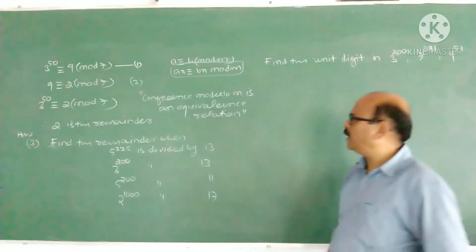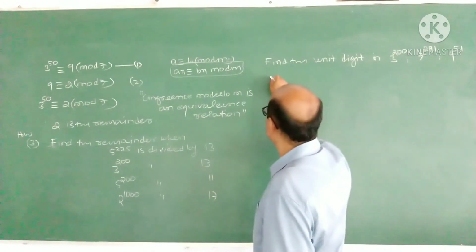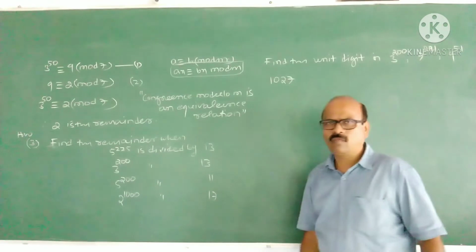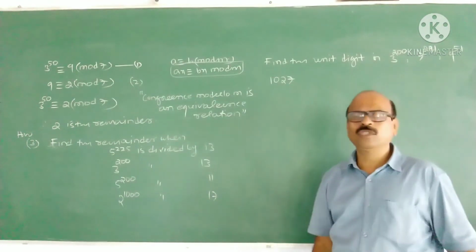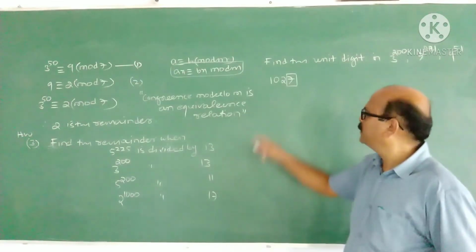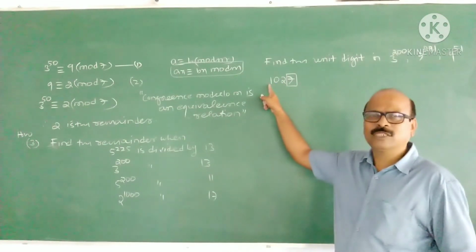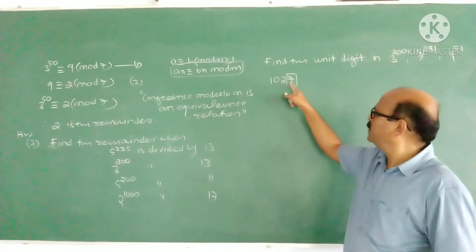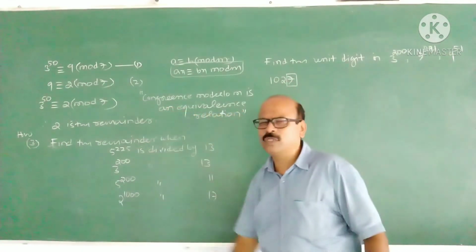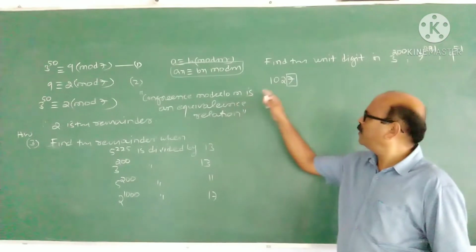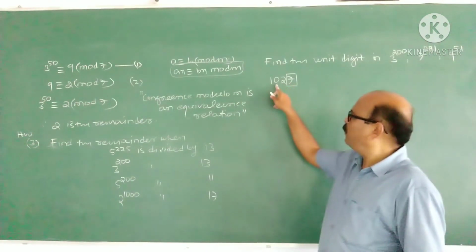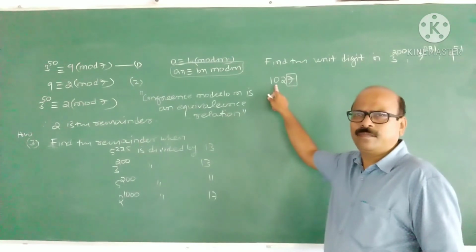Now I explain. First consider this number 1027, a 4-digit number. What is the unit digit? Unit digit is 7. Ten's digit is 2, hundred's is 0, thousand's is 1. Unit digit is 7. Now using this congruence modulo m, you can find out the unit digit. When do you get the unit digit?